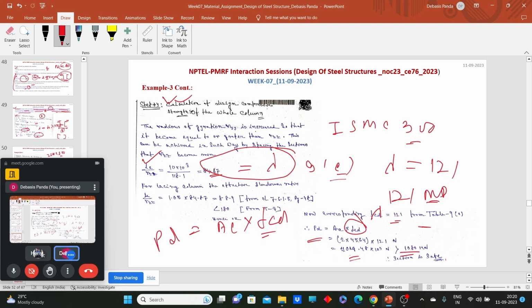That's why I am saying that, look, this is very close to the load you need to transfer. So whatever we have selected, ISMC 300, this is safe with respect to the cross sectional area and load transferring capacity.